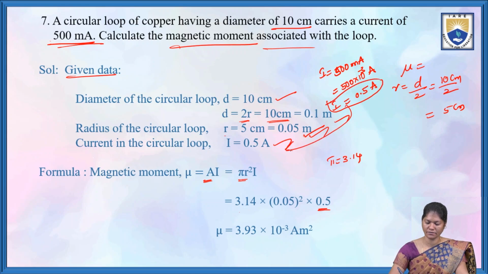That's why we have written here I is equal to 0.5 amperes. So mu is equal to pi r square I, substituting the values and calculating, the magnetic moment becomes 3.93 into 10 power minus 3 ampere meter square.